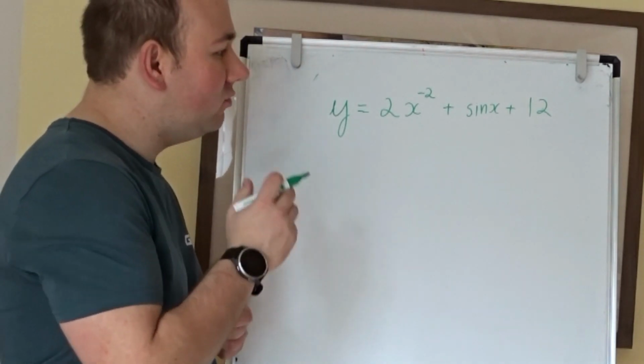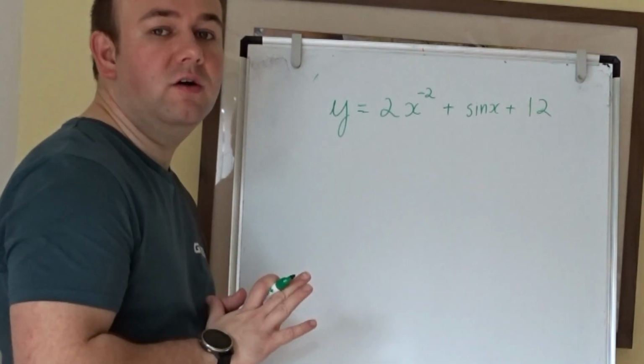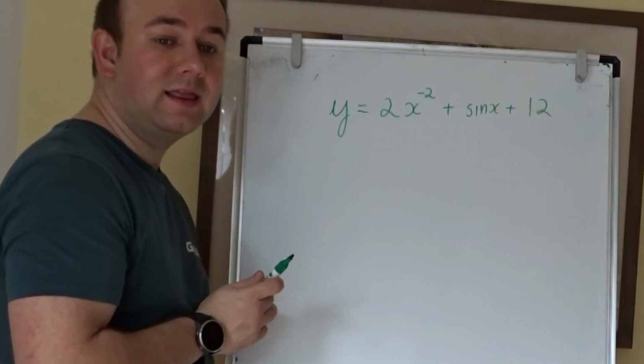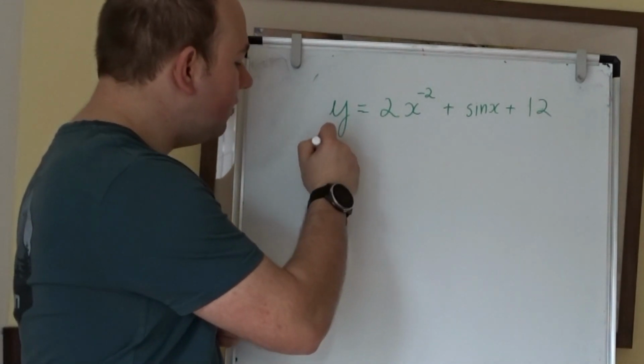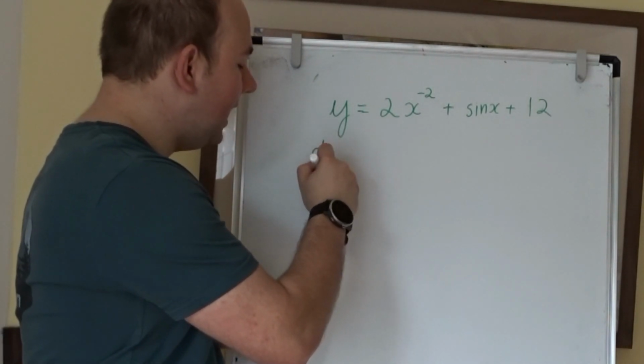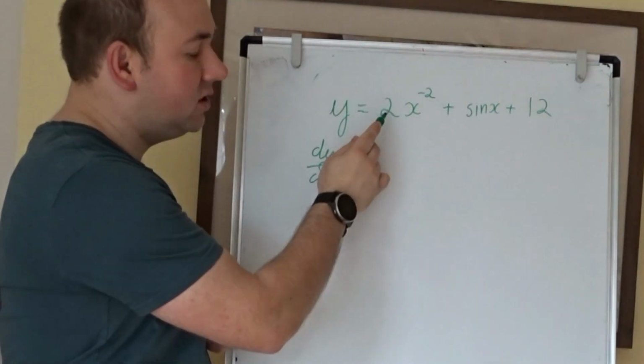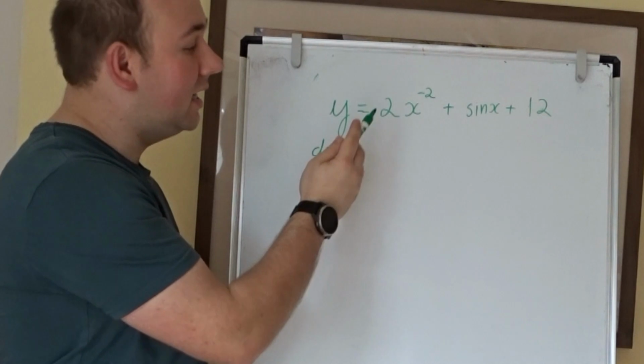So when we address a summation of functions, what we do is we treat each one individually and add them all together. So dy by dx, what we do is just work our way along. So the first function is 2, so that's a constant, so that's going to stay where it is.